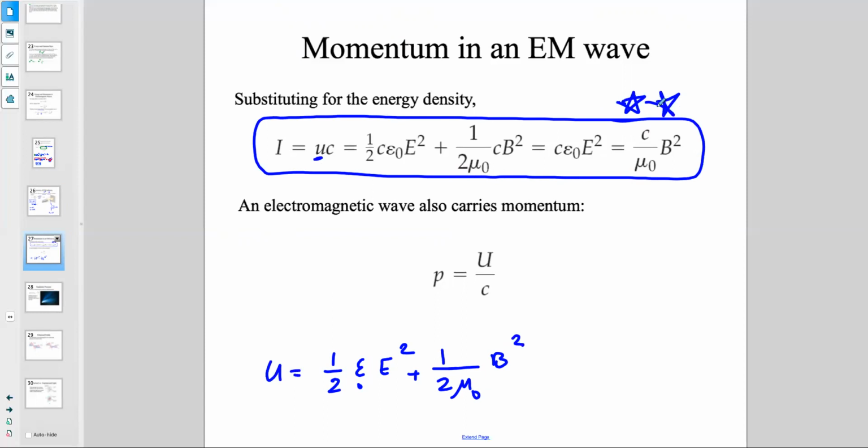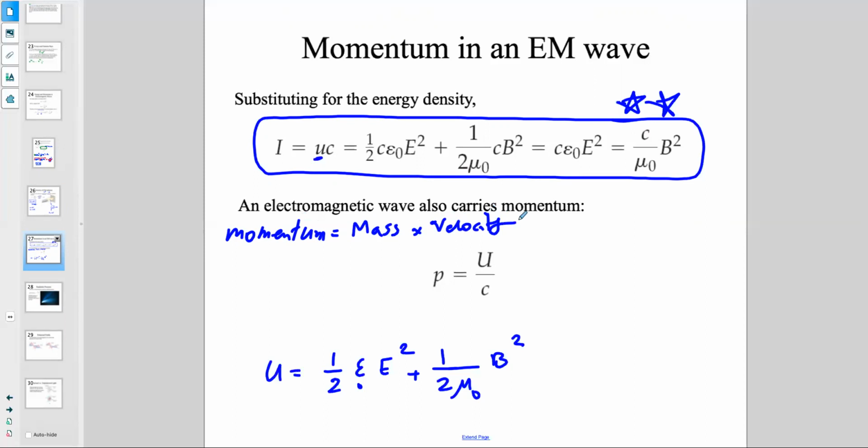An electromagnetic wave also carries a momentum, and a very simple definition of momentum was mass times velocity will give you momentum. Momentum has other definitions, but this is the very basic momentum definition that we did in Physics 1.